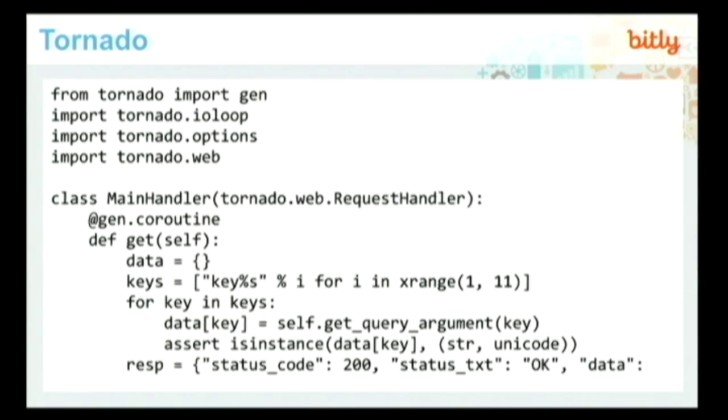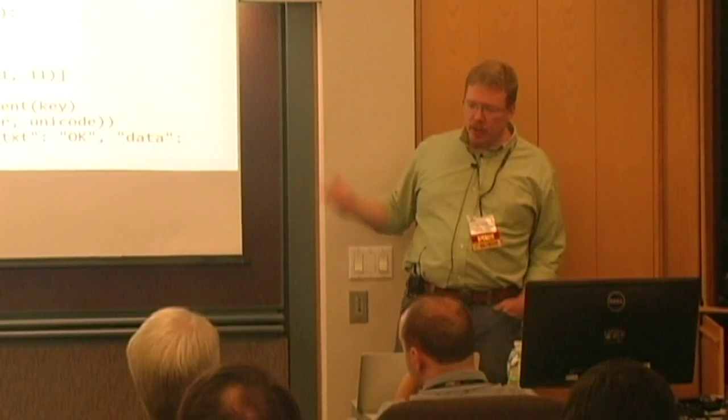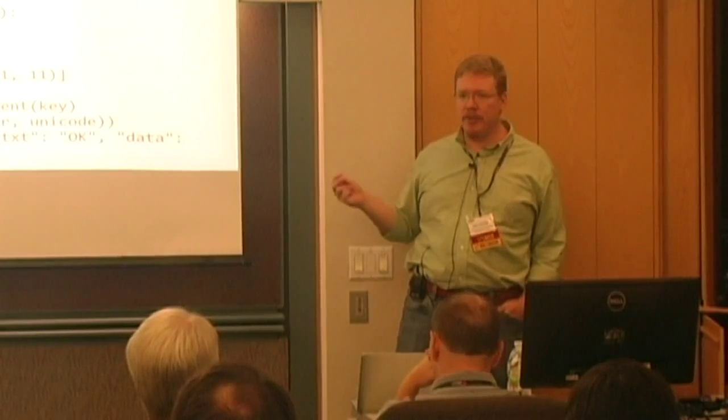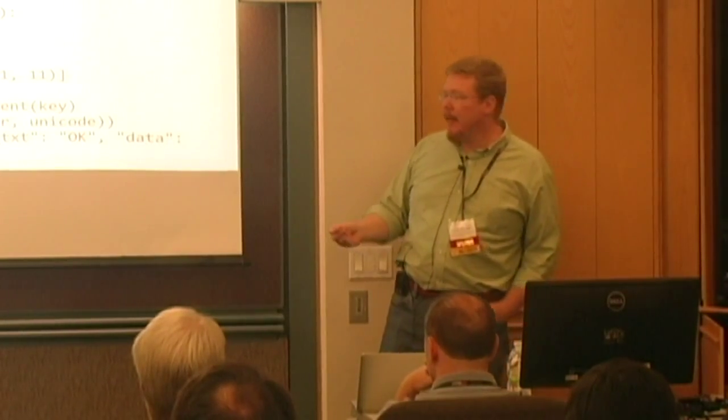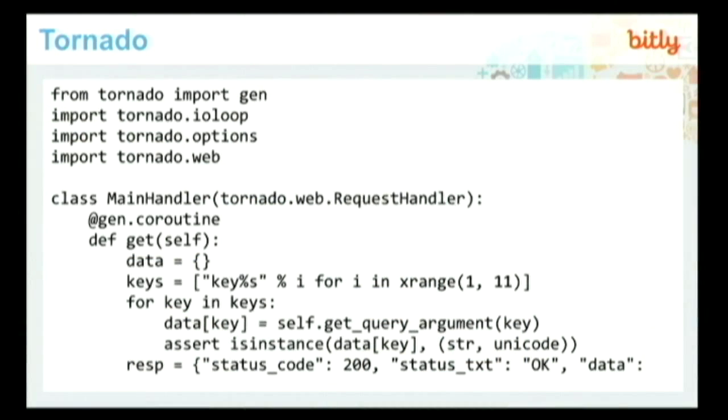Right, so Tornado. Here we have import tornado.ioloop, which is a bit of a new bit, and we have this @gen.coroutine decorator. Otherwise, like I said, it's not breaking off into anything like talking to a backend, which could be usefully yielded to, but it's still exercising the framework as a whole, and it is implementing the handler itself as an asynchronous routine.